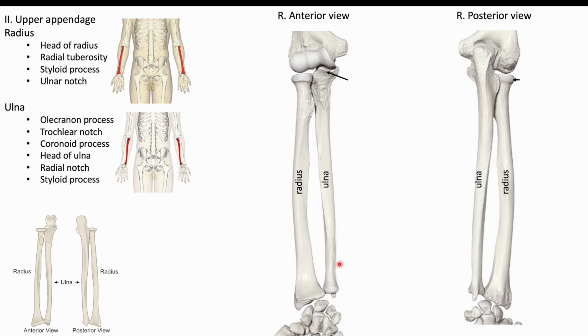So in an anatomical position where the person is standing up straight, and the palm is facing in front, facing the person that they're looking at, the ulna is the bone that is connected to the pinky, and the radius is the bone that's connected to the thumb. So you can think of the word radius.